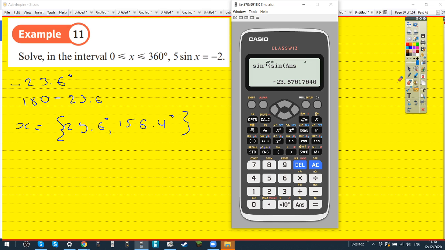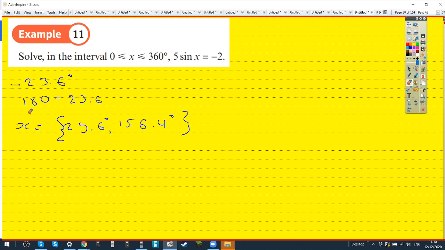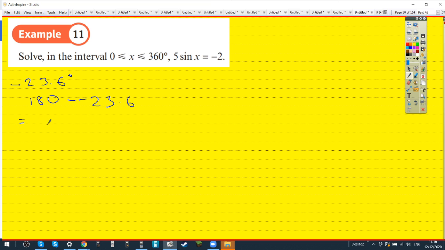Okay, sine is minus 23.6. And so, how do we get more answers? Wait, so would it be 180 minus 23.6? Which gives you 203.6. Okay, is that all the solutions between 0 and 360?